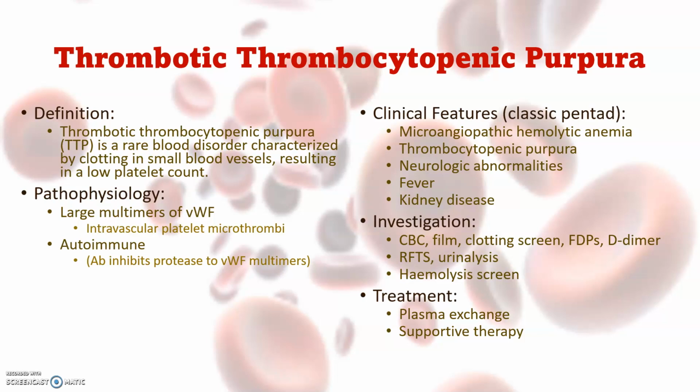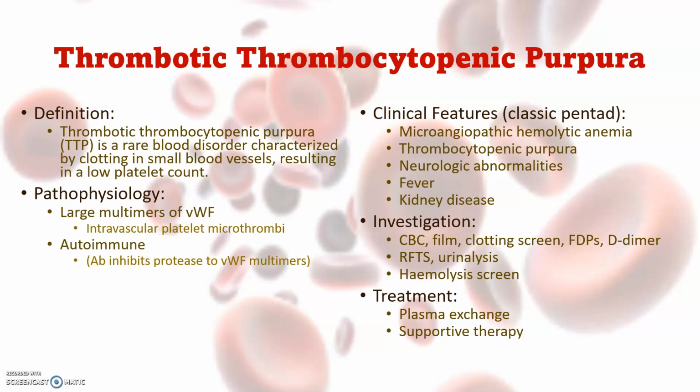to microthrombi. So the clinical features include the classic pentad of microangiopathic hemolytic anemia, thrombocytopenic purpura, neurological abnormalities, fever, and kidney disease, although all these features may not be present in any one patient.